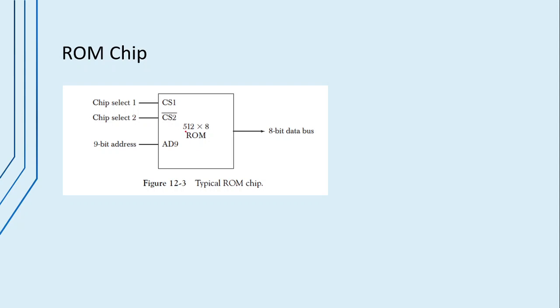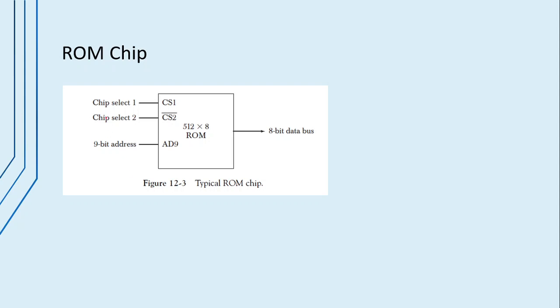So here we have a 512 by 8. The 8 means an 8-bit data bus is required, and this is not bidirectional. And 512 means 2 raised to 9, which equals 512, so we have a 9-bit address bus.